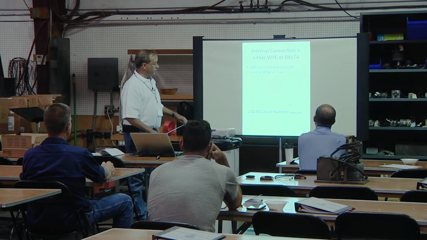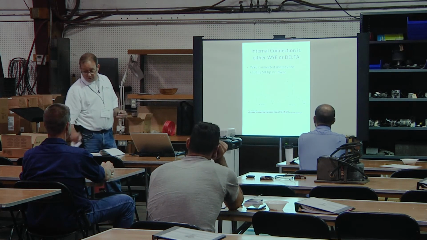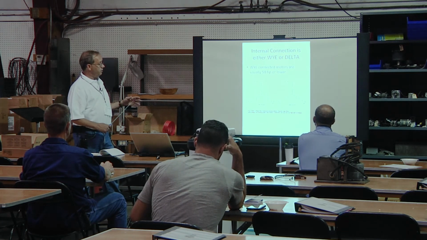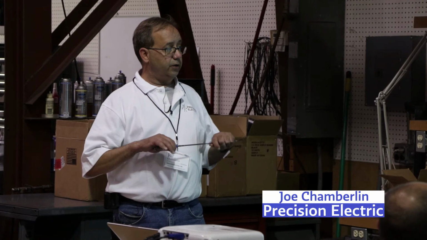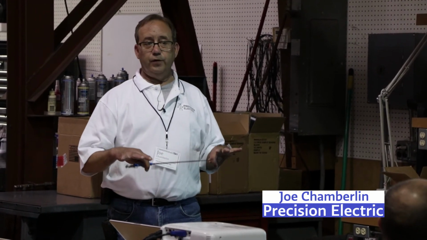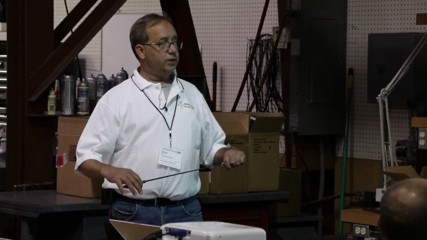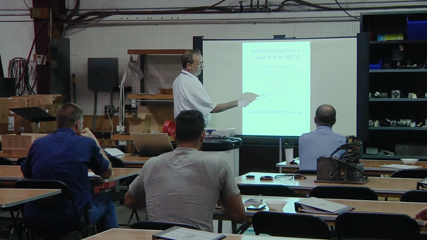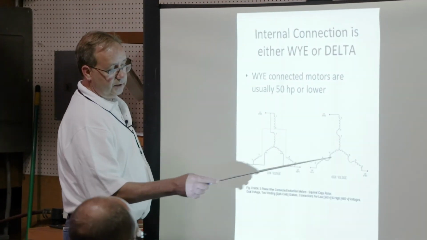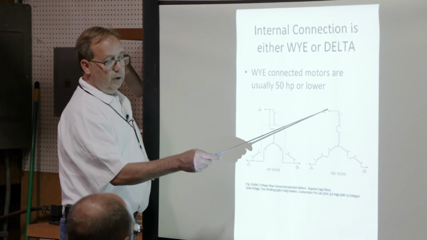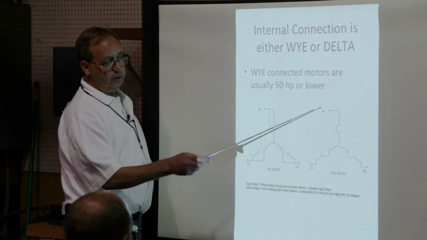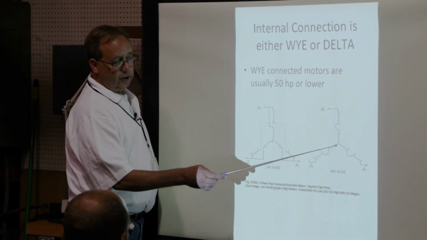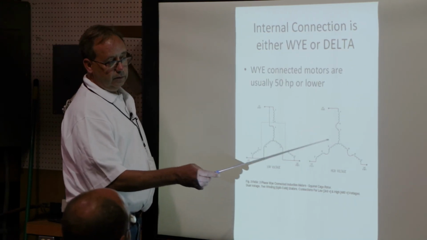Different connections here. These are also in this book. This is a Wye connection. Generally, this is on your smaller motors, say below 50 horsepower. The reason for that is because if this is one phase, say A phase, B phase, C phase, when you put 460 volts from this terminal to this terminal, you actually only get about half.